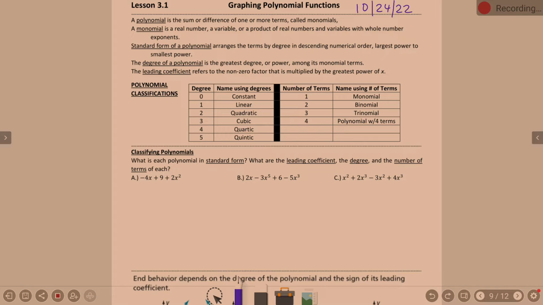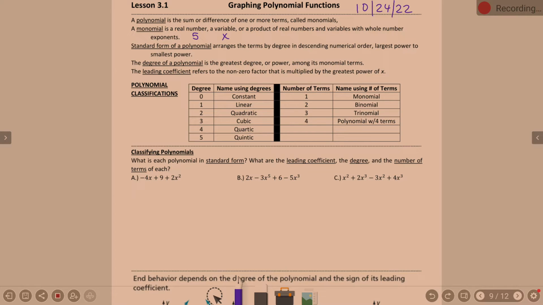Now, specifically about those terms, each term or monomial could be a real number, a variable, so a letter, or a product of real numbers and variables with whole number exponents. For instance, 5 is a monomial. x is a monomial.